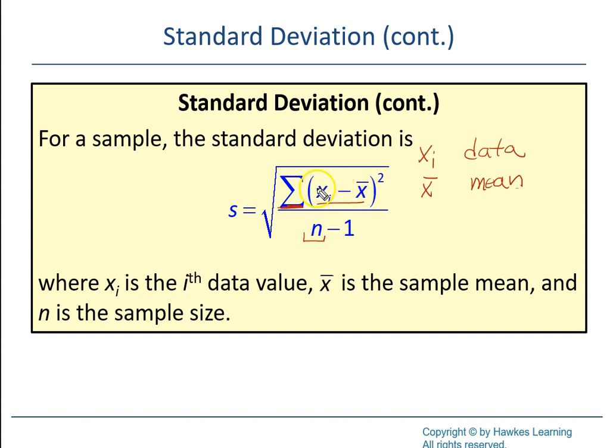You just take all of these items and add them together, and then divide by 1 less than the number of items of data. And then you take the square root of that, and that will be your standard deviation. And we'll tell you how that fits in, how we look at it as we go on here.